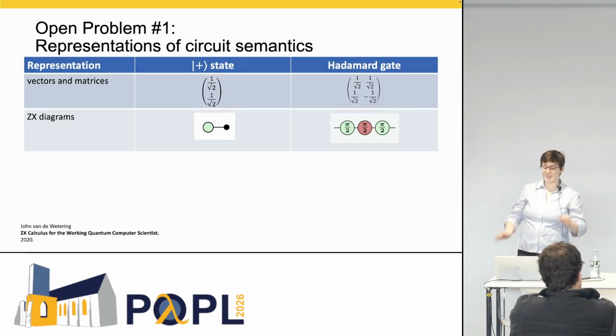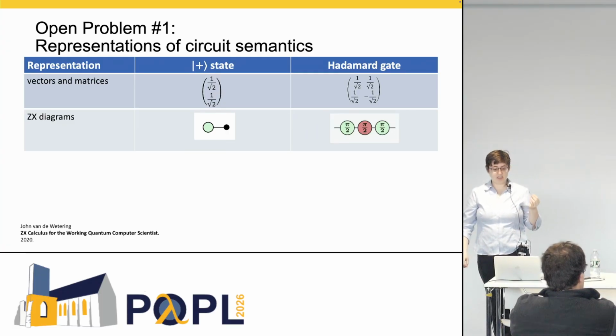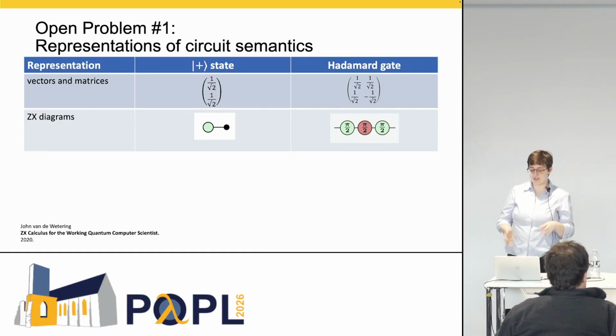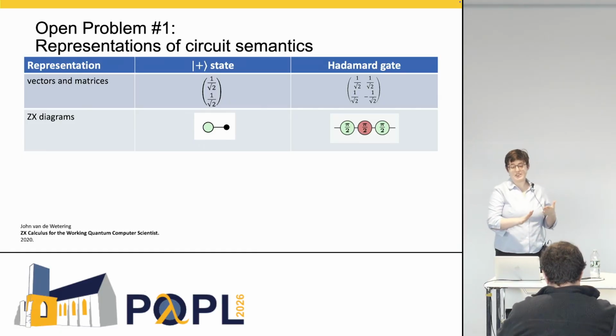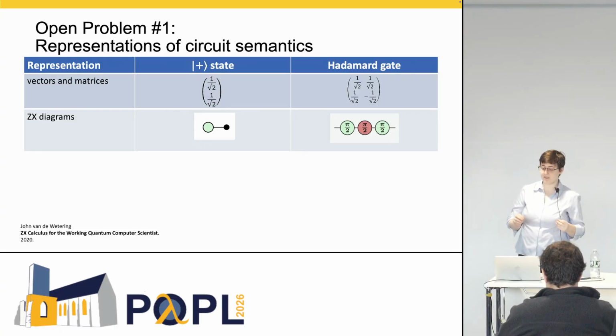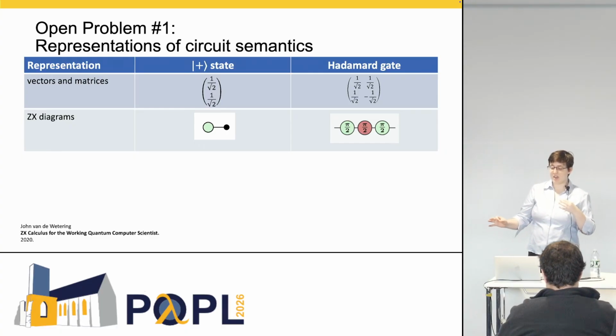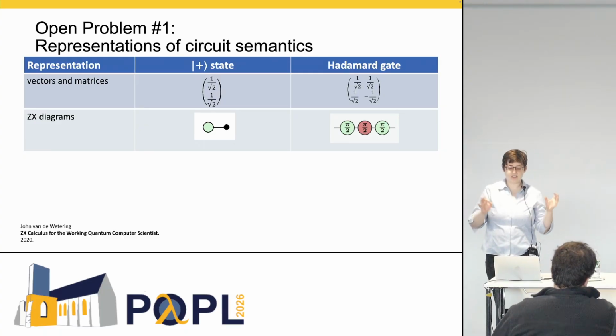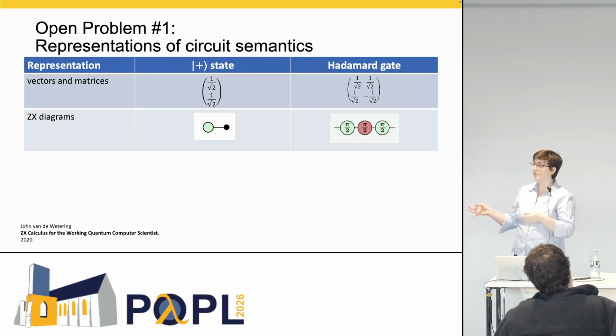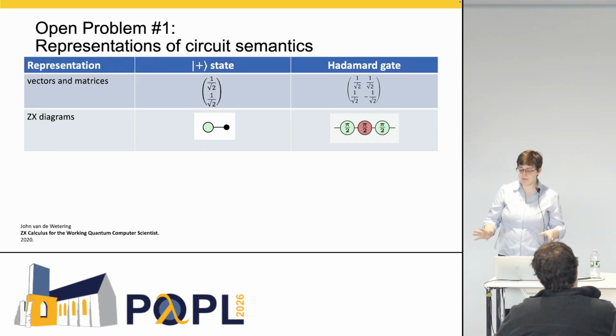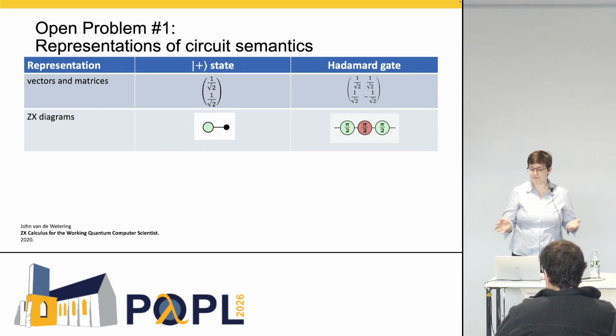Here's one more representation that I'd like to mention, which is the ZX calculus, which is a categorical formulation of quantum states and operators. So this is a diagrammatic representation, which means that states and operators are represented as diagrams, which correspond very, very closely to morphisms in an underlying category.